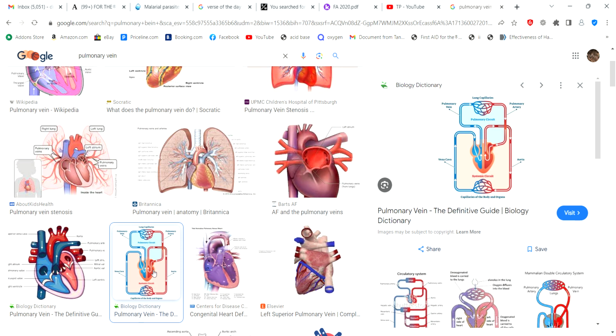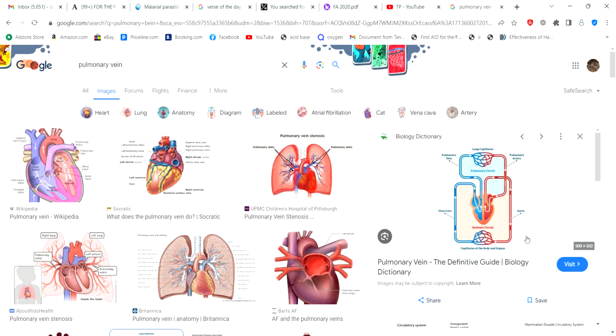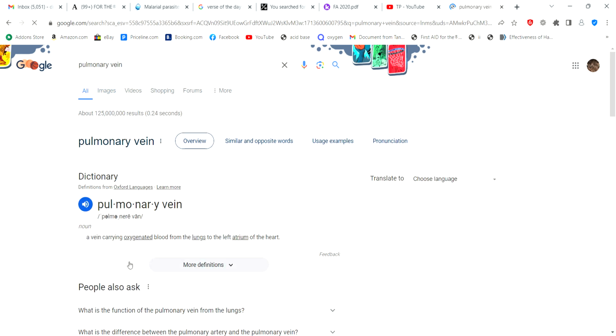So the pulmonary artery goes from the right ventricle to the lungs.